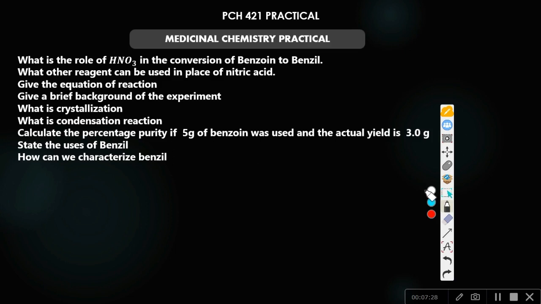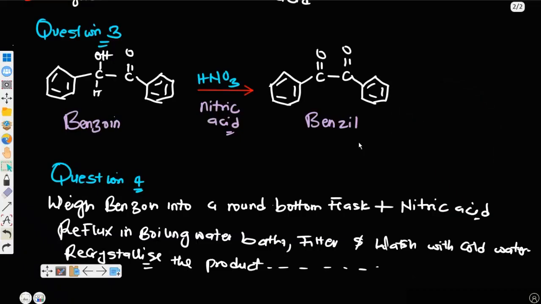Now, I say calculate the percentage purity if 5 grams of benzoin was used and the actual yield is 3.0. We are given the actual yield 3.0. This is benzoin, this is benzil. What was the mass of benzoin we calculated the other time? We said benzoin is 212 gram.